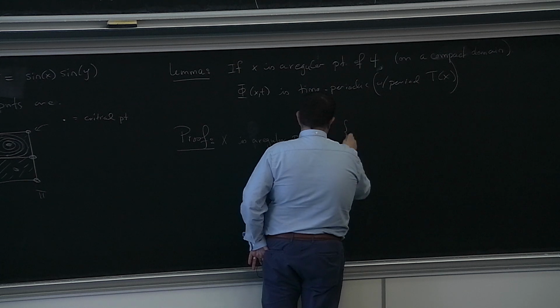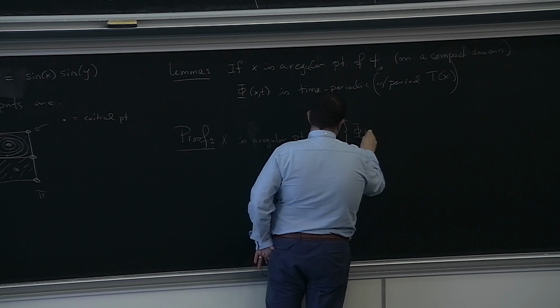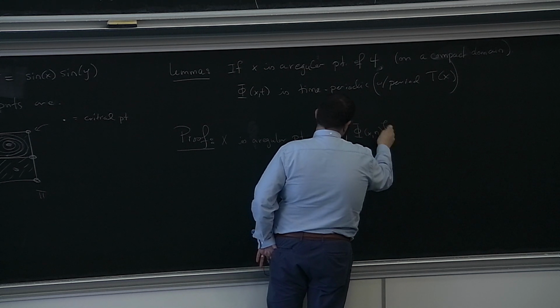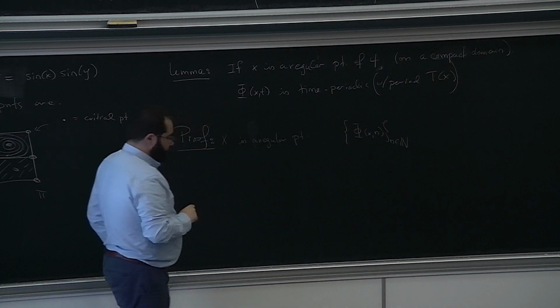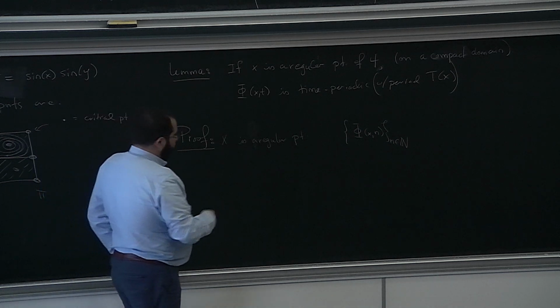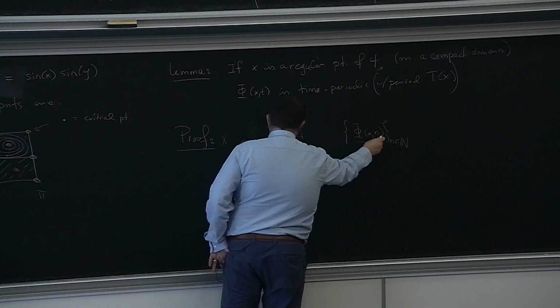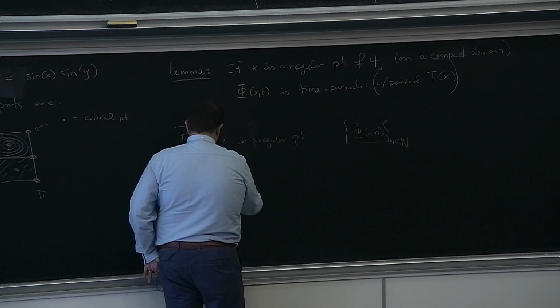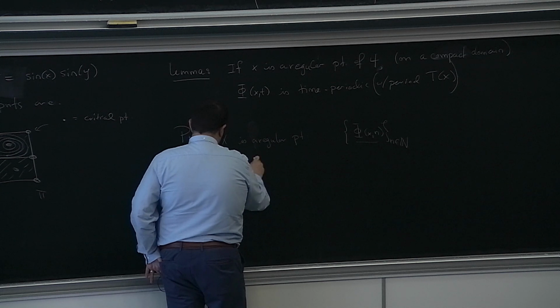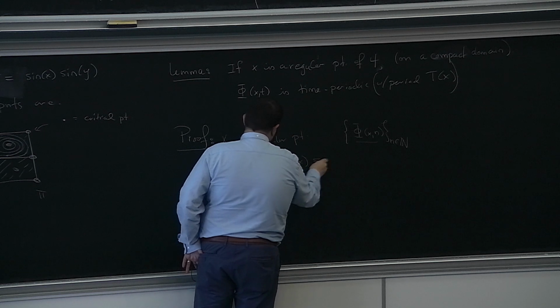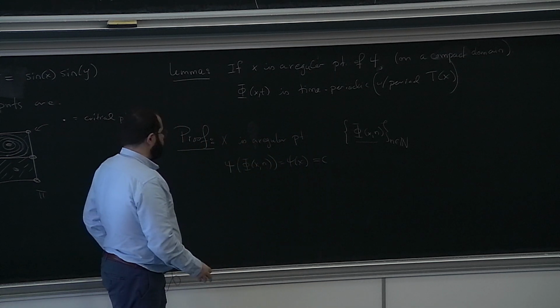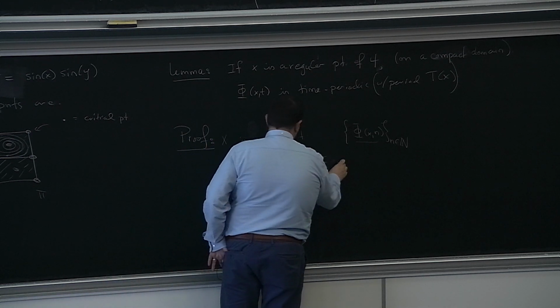And we consider phi of x, n, a sequence of points. These are all regular points. So these are all constants. So psi of phi of x_n is psi of x, some fixed value c, which is a regular value.